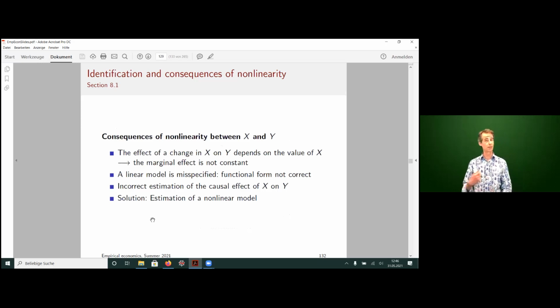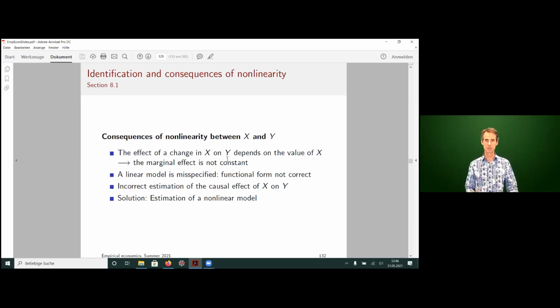All right. So the next question is, could we just ignore this problem? What are the consequences of nonlinearity between the regressor and the endogenous variable? The answer is no, we should not ignore this problem, because if we have nonlinearity, then the effect of a change in the regressor x on the endogenous variable y depends on the value of the regressor.